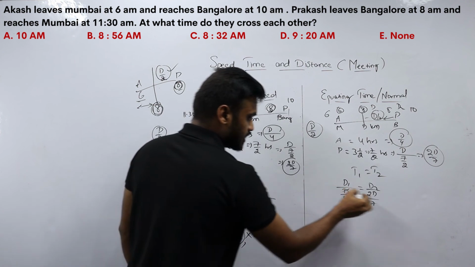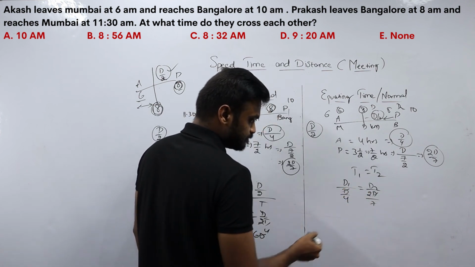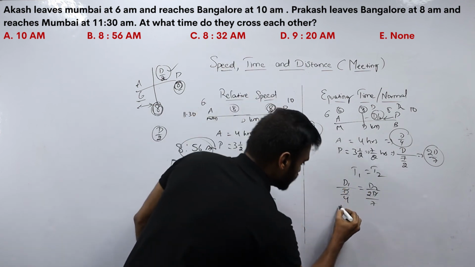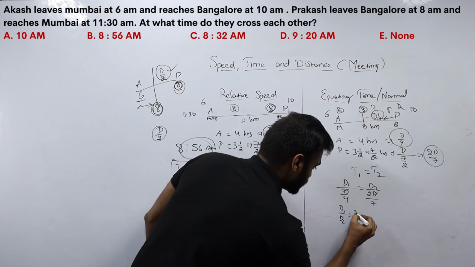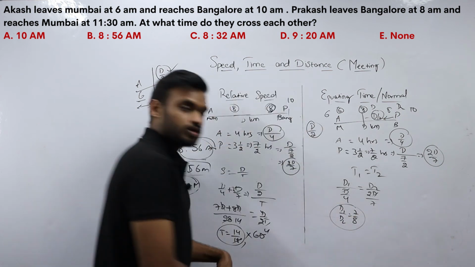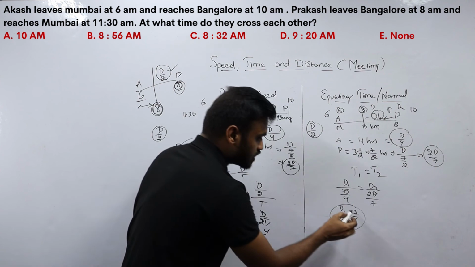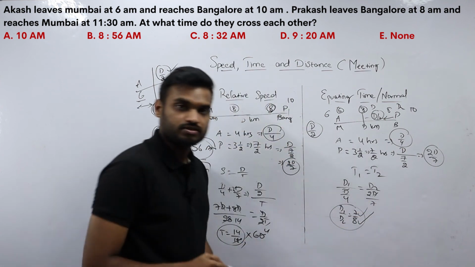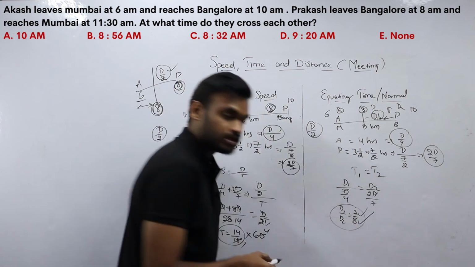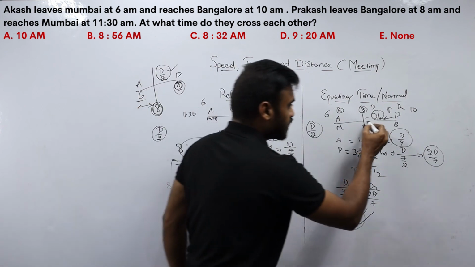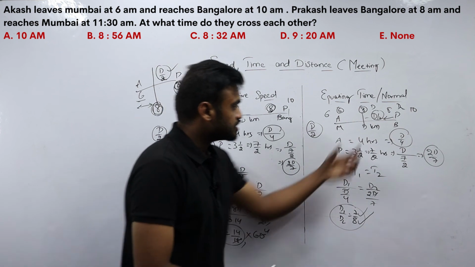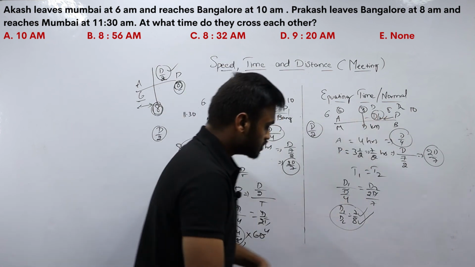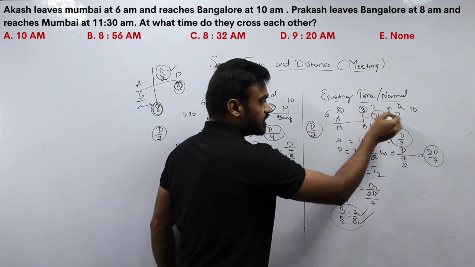So d will be cancelled and we will get d1 by d2 equal to 7 by 8. So at the time of meeting, Akash will cover 7 parts and Prakash will cover 8 parts. There are totally 7 plus 8, 15 parts in the d by 2 distance, which is only half of the distance.